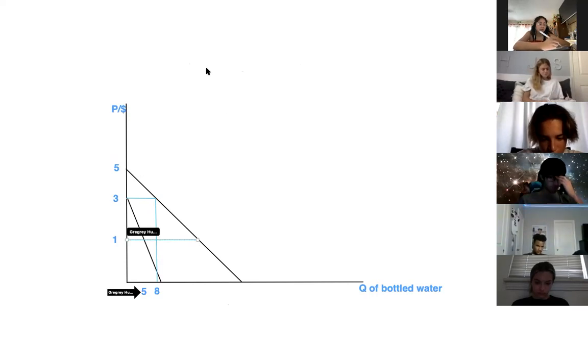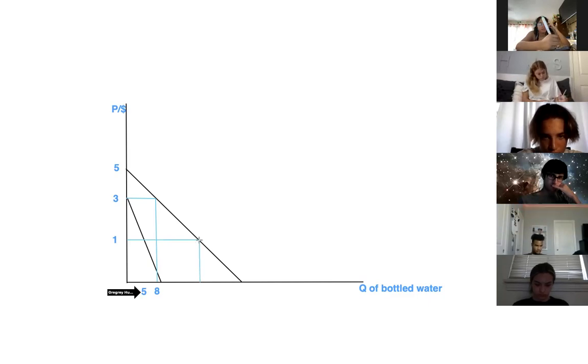So at a price of 1, and that looks like, I'll say it looks like about 16.